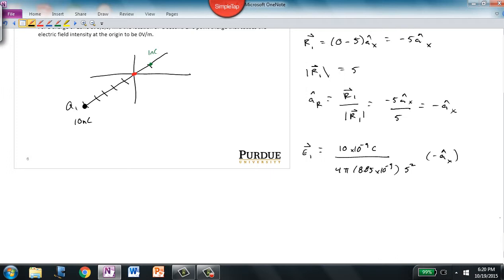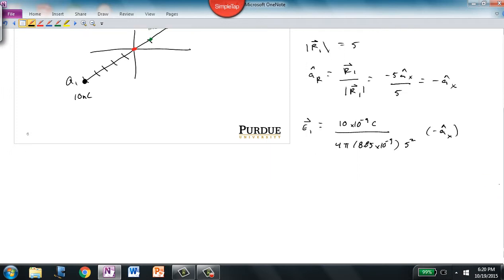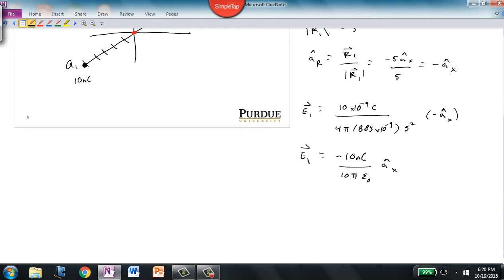So if we were to write this to be exact, I'm going to say that equals minus 10 nanocoulombs over 25 times 4 pi, which is just 100 pi, times epsilon 0 in the a hat x direction. That way I'm not doing a lot of rounding.